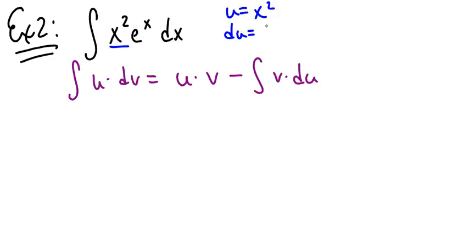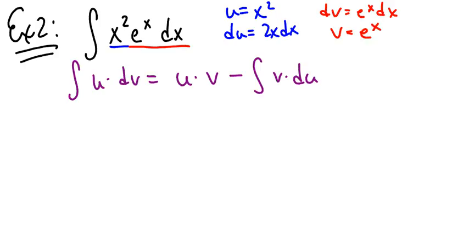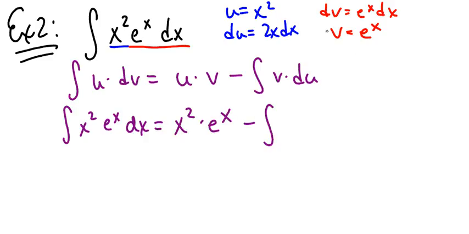Well, too bad, because I know what your derivative is. And then we'll let this be dv, and any antiderivative will do. So we take the derivative of u and the antiderivative of dv. And what the heck is this? Okay. uv minus the integral of v du.